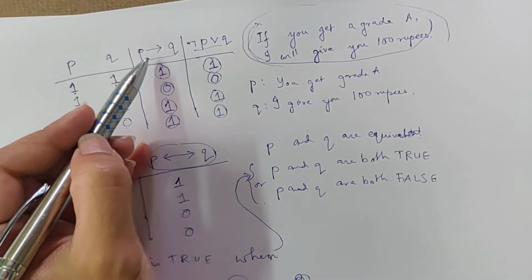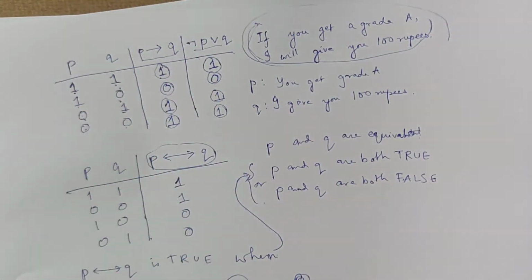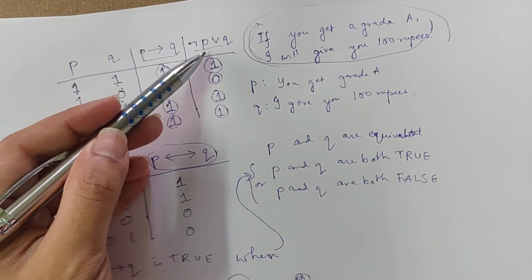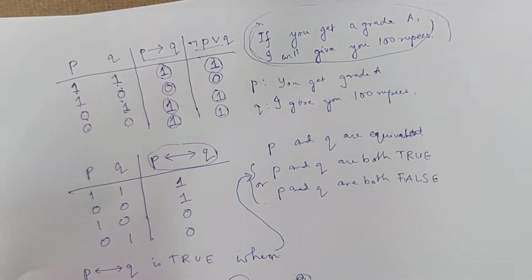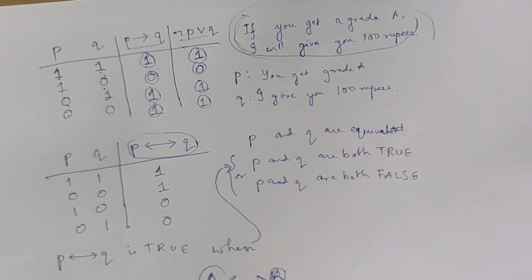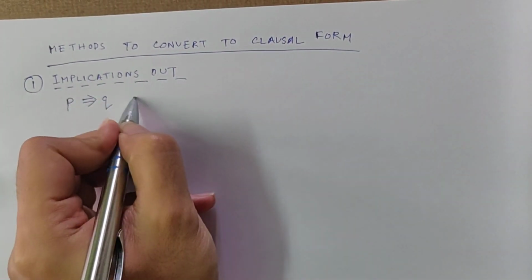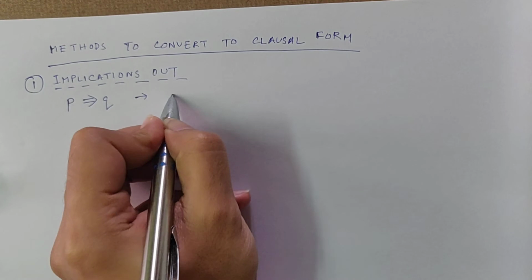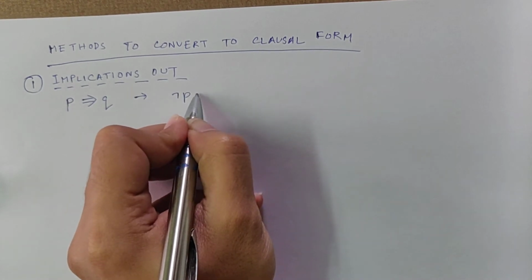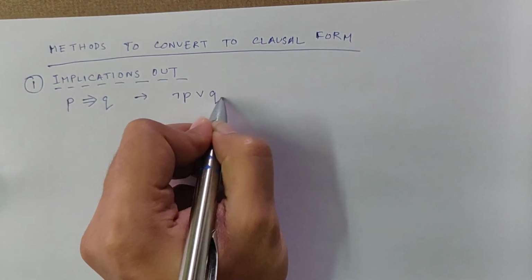The truth table of P implies Q was completely equivalent to the truth table of not P or Q. So wherever we have an implication sign, we will remove that and write not P or Q.